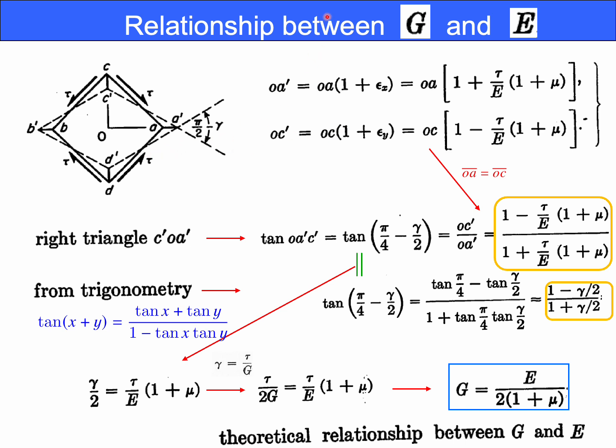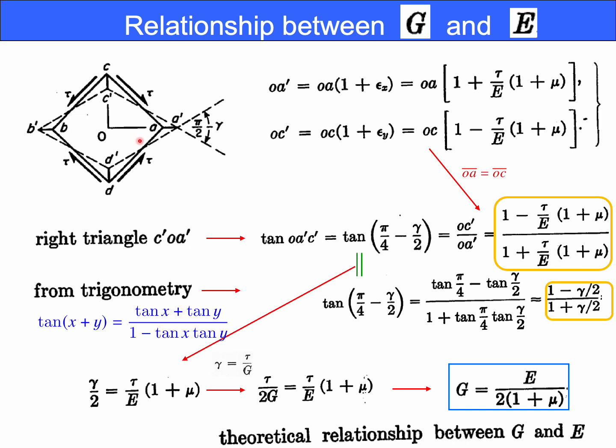Because in x direction, the lengths OA and OC have changed to the lengths OA prime and OC prime due to the stress in x direction, the strain in x direction is epsilon x.